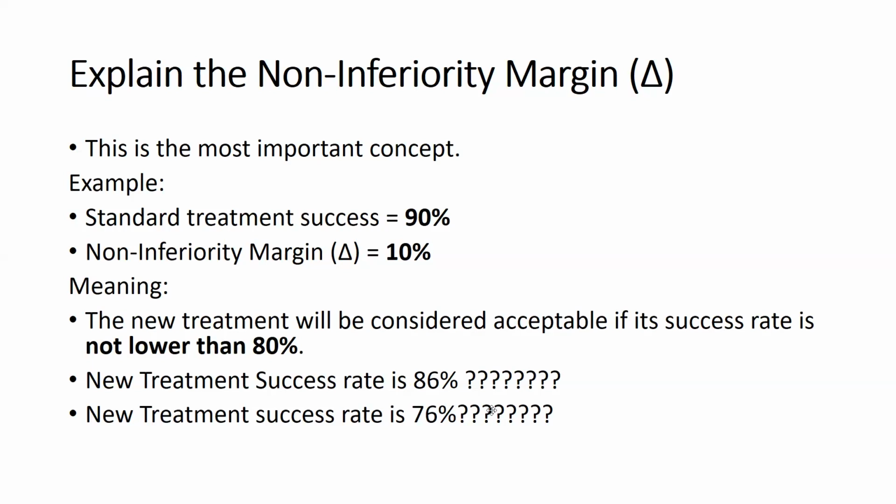Please write down in the chat box. If you have any question and you cannot write in the chat box, then you can ask me. Yes, very good. So you are getting the meaning of inferiority, non-inferiority, superiority.